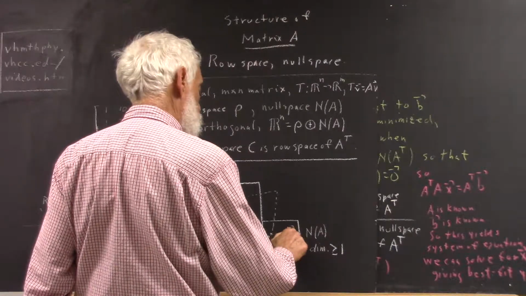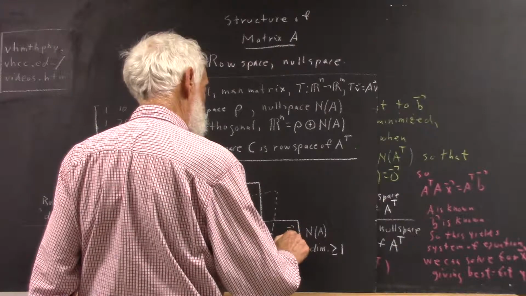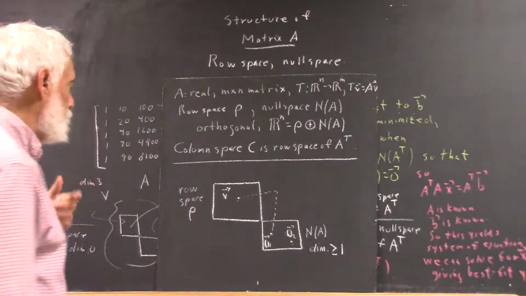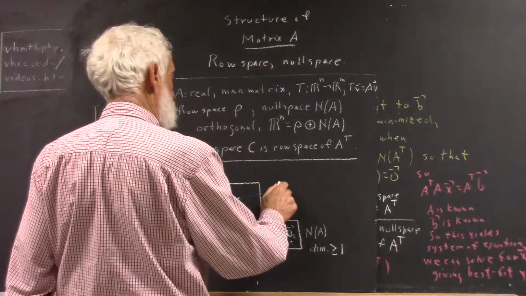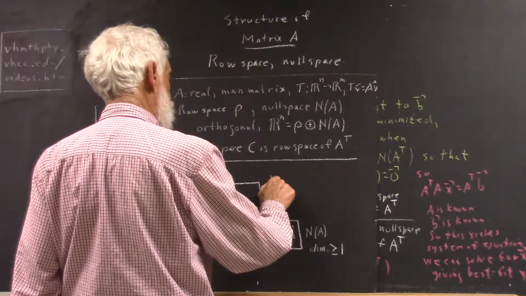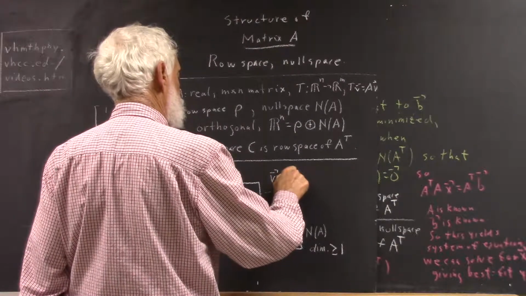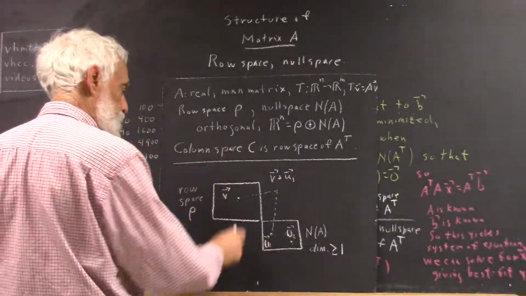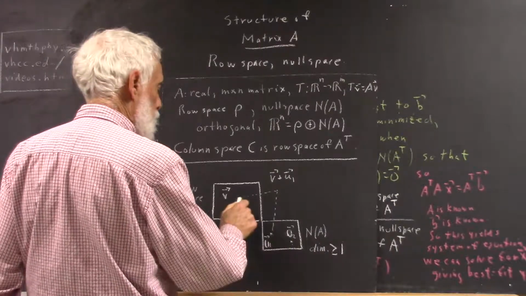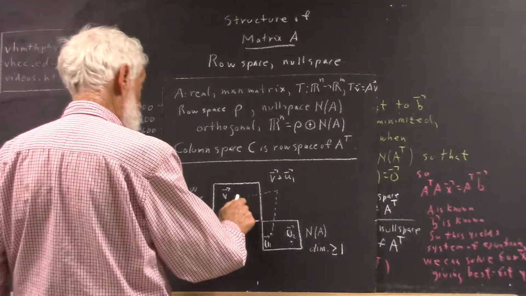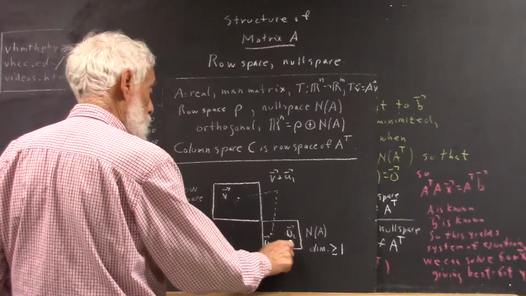I'm going to call them u1 and u2. So this vector would be v plus u1, and then we could add v to u2 and get a completely different vector. Okay? So maybe that vector would be depicted down here.